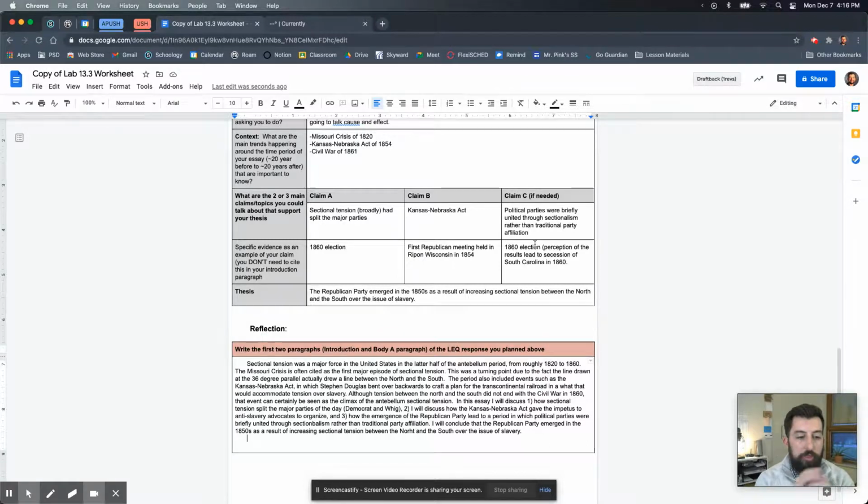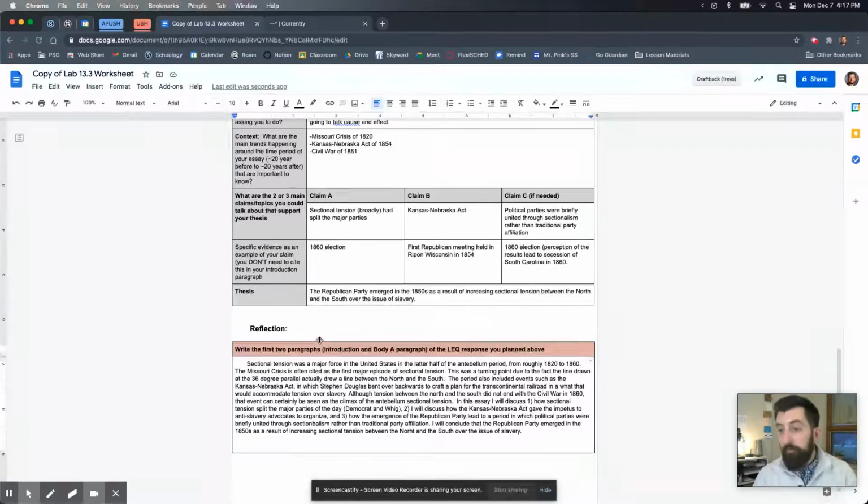The pattern that we've been practicing all year long with your SAQs, where you have your claim, your example, and then your explanation, is the exact same pattern that you follow in your body paragraphs. Your body paragraph will always start out with a claim, it will always use evidence that is an example of that claim, and it will always have a bit that explains how that evidence supports your subclaim. So your very first sentence in your first body paragraph will always be the subclaim that you already identified up top.